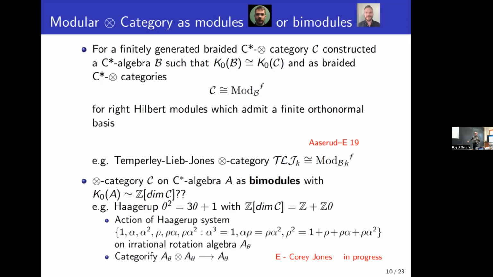Right, so in work in progress with Corey Jones, which is not completely written down, we think we can construct actions of the whole category on the irrational rotation algebra. And also categorifying this product here, because this makes sense because of this quadratic relation.